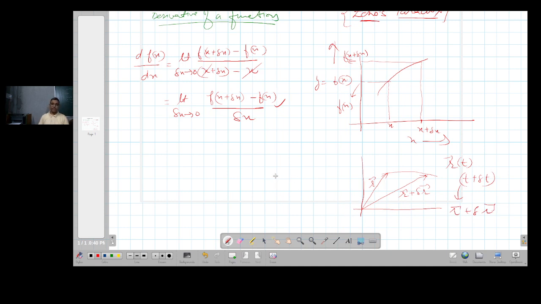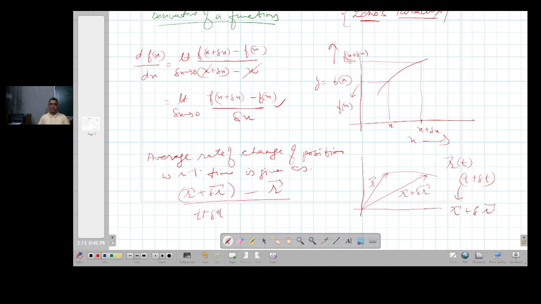So therefore the average rate of change of position with respect to time is given as r plus delta r minus r, meaning the change in the position vector, over the change in time.